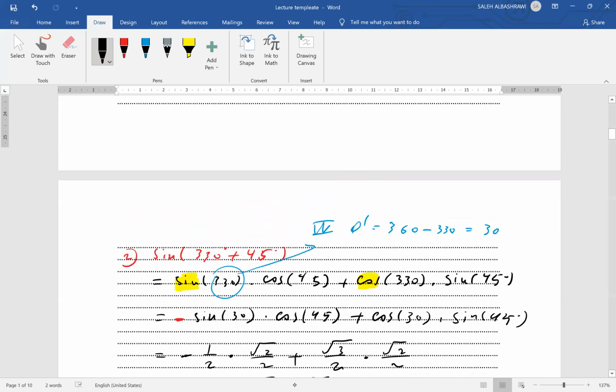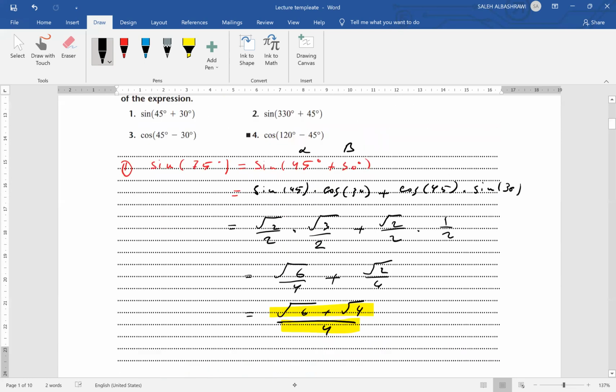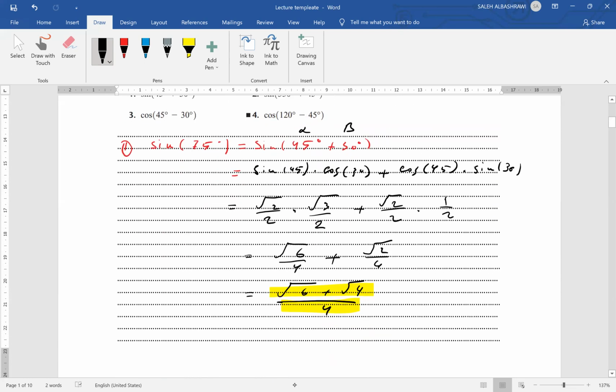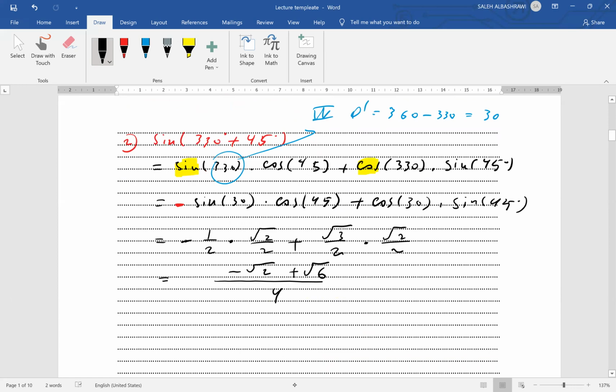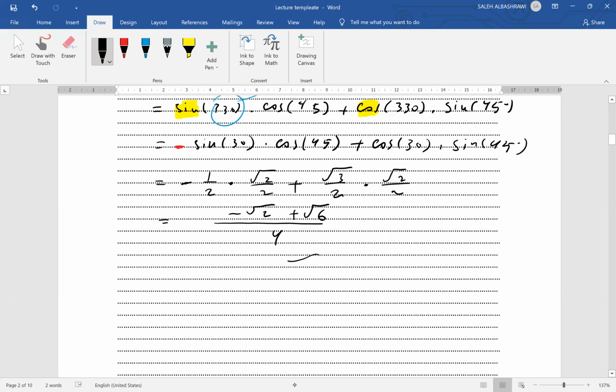Take one more example. Question number 3: find cosine of 45 minus 30, or this is cosine of 15. Cosine 15 is equal to cosine of 45 minus 30.